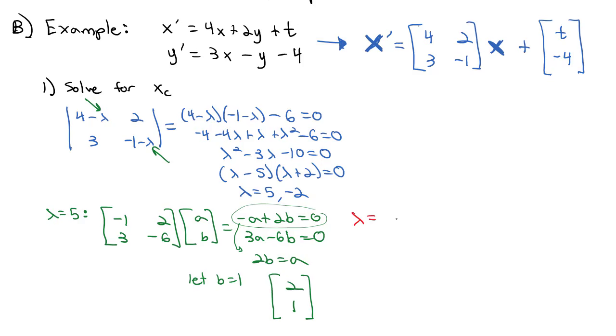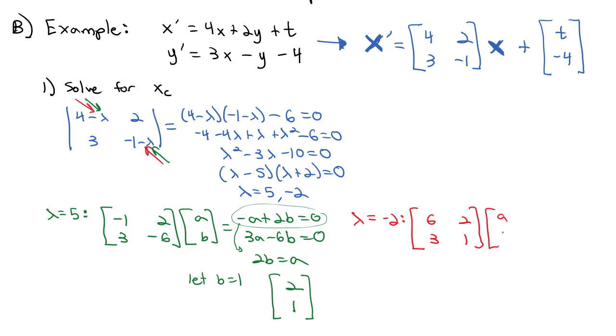Then we look at what happens when lambda is equal to -2. Plugging in for the lambdas, we get 4 minus -2 is 6. 2, 3, and -1 minus -2 comes 1.